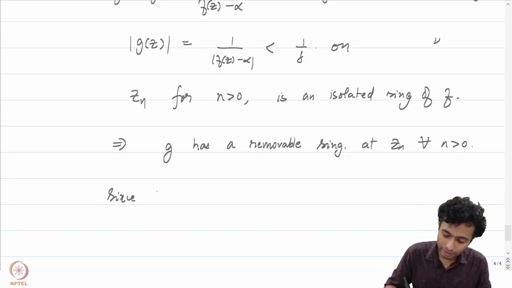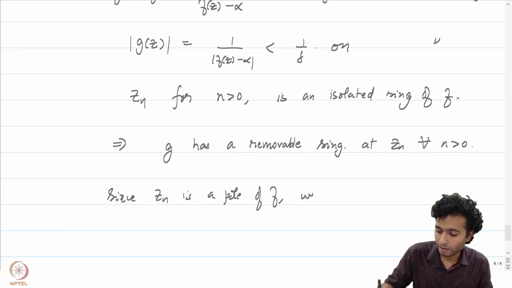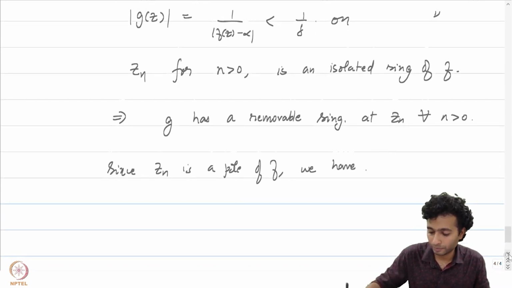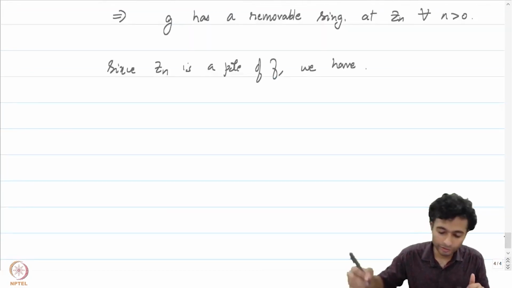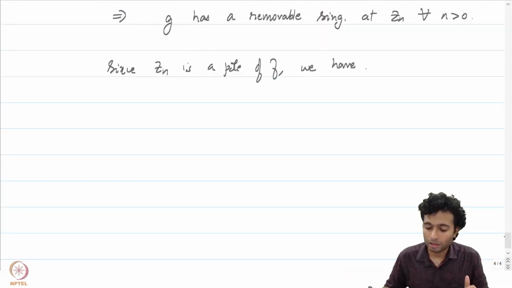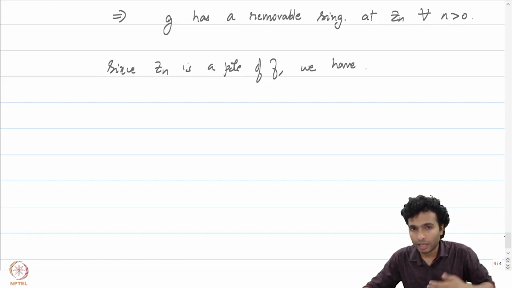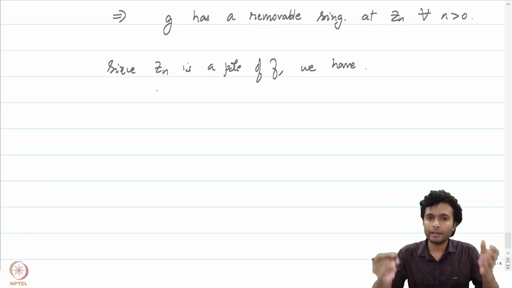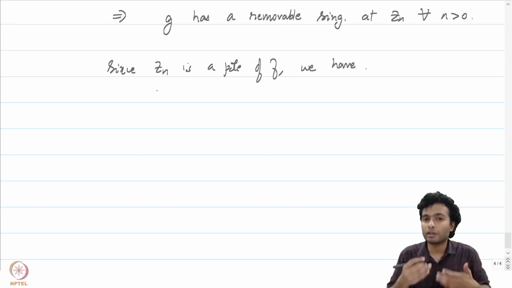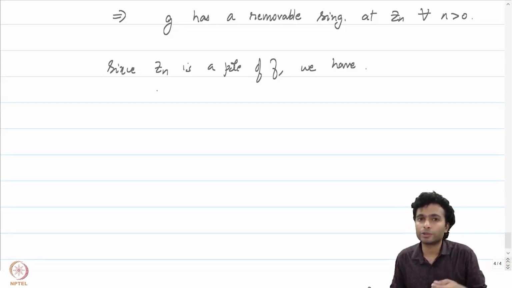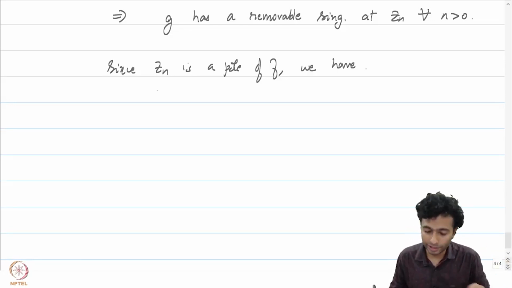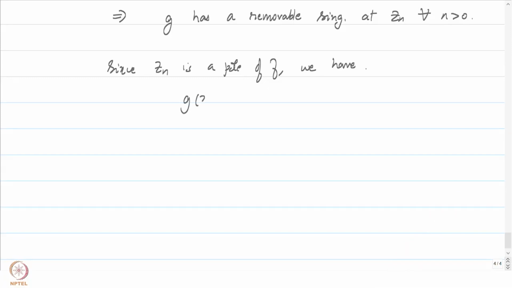Since zn is a pole of f, we have g of zn equal to 0. Remember that g of z is 1 by f of z minus alpha. So as we approach the points zn, the absolute value of f blows up, and therefore 1 by f of z minus alpha will converge to 0 as z approaches zn for each n. And therefore we have g of zn equal to 0.